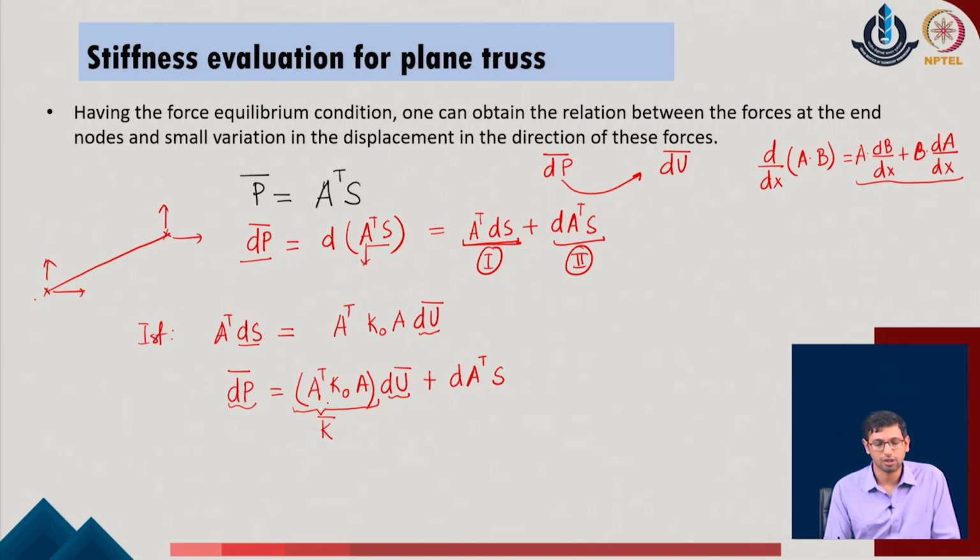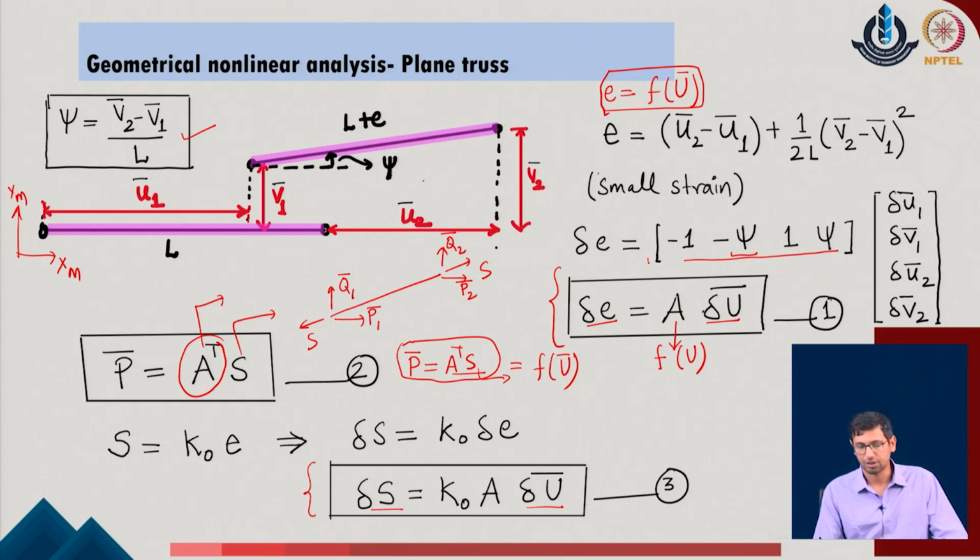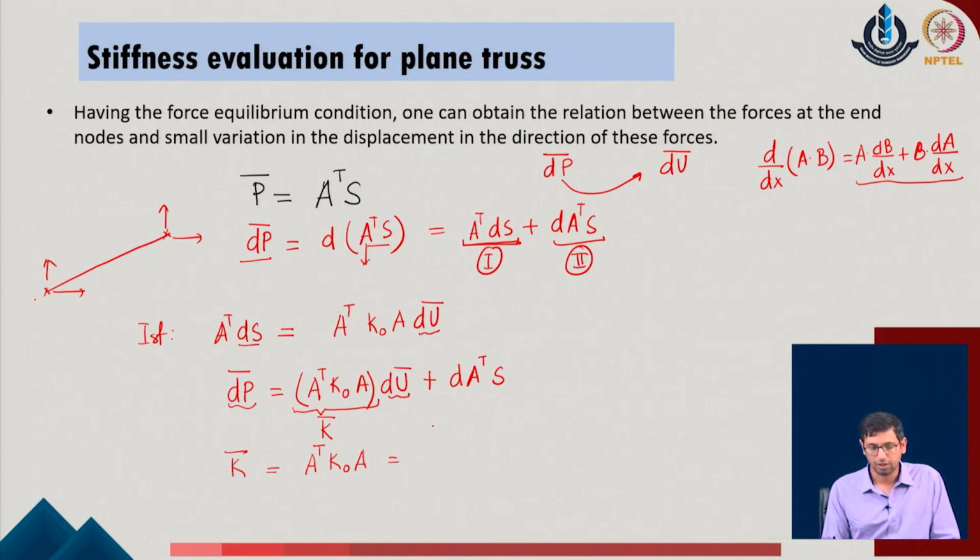So, if we now look at the overall terms of the system, we can see that k bar can be located as A transpose k naught into A. A transpose, if we define as a value, we have already seen that A as an expression is written over here. So, if I just substitute this value, it appears as the standard vector 1 minus of phi 1 phi.